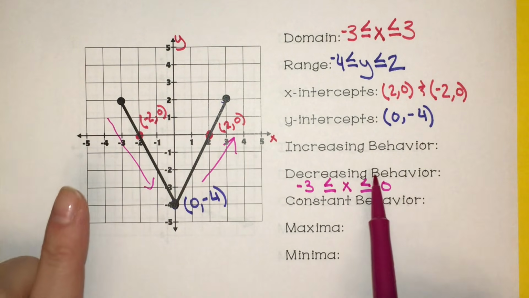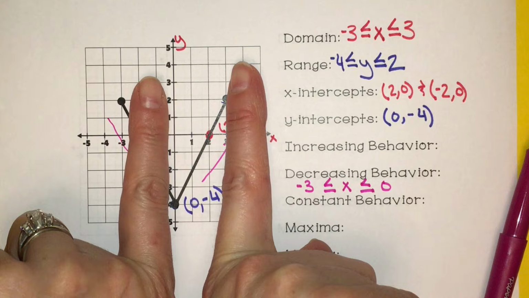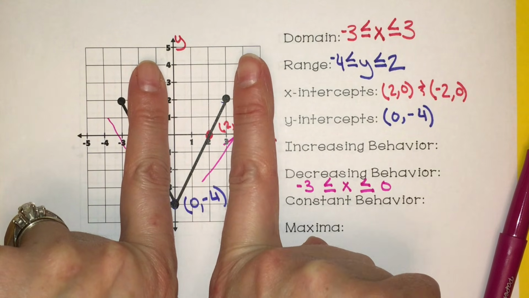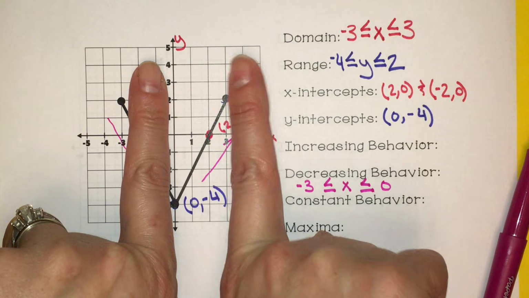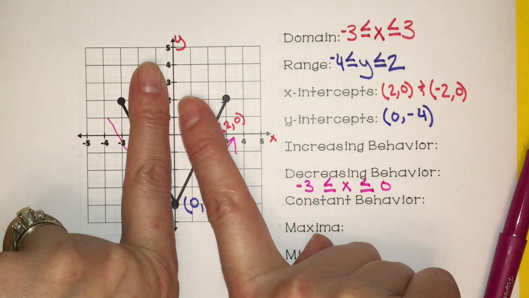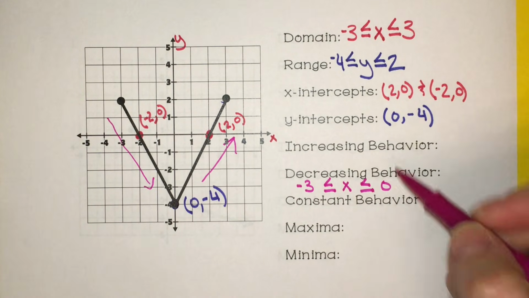All right, so increasing, looking at the same thing, it's increasing between these x values, where x is 0 and x is 3. So x is greater than or equal to 0 and less than or equal to 3 because it falls between them. I always look at x.